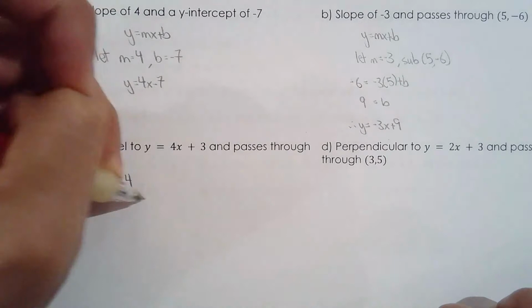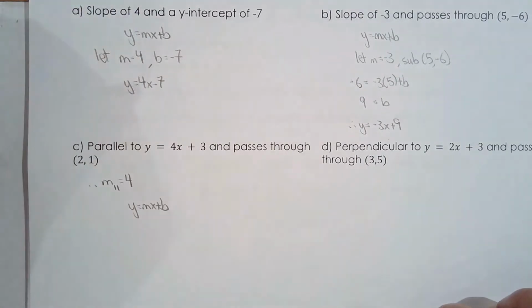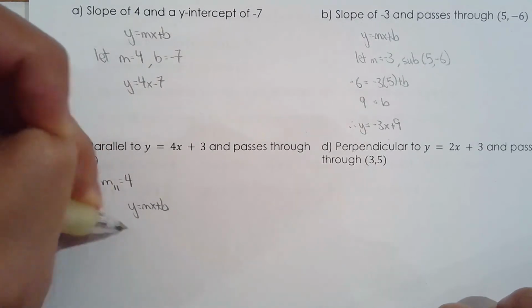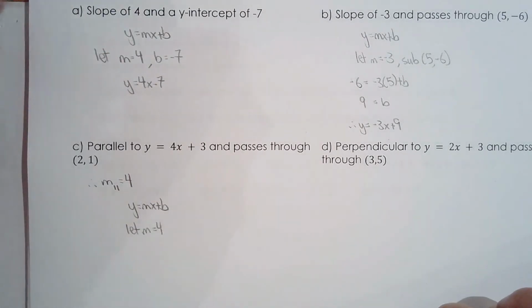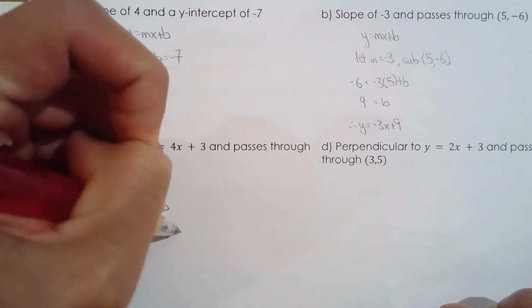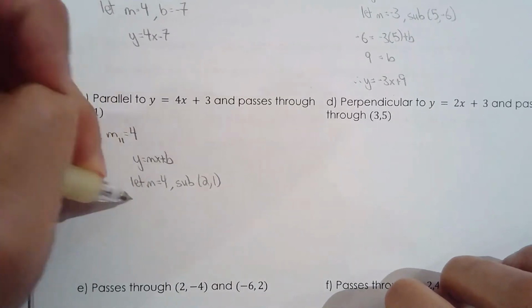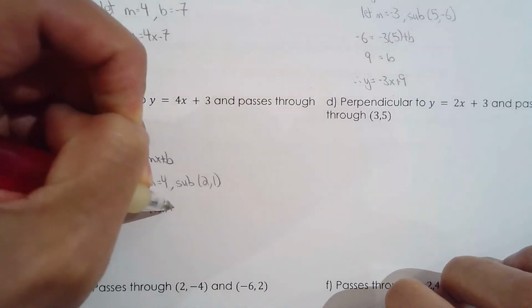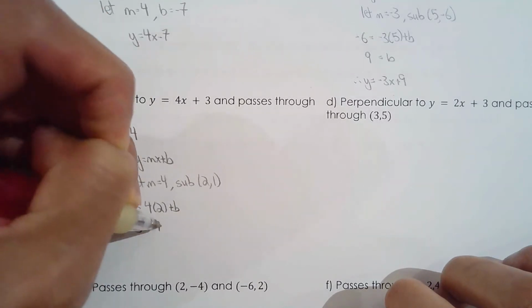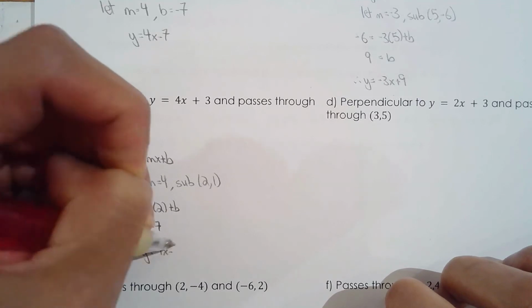Okay, so let's start with y equals mx plus b. Let m equal 4 because the two lines are parallel, and we're going to sub in the point (2, 1). So let y equals 1, m equals 4, x equals 2. So b is -7. y equals 4x minus 7.